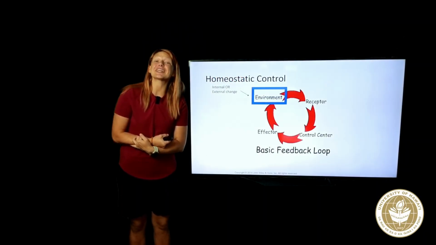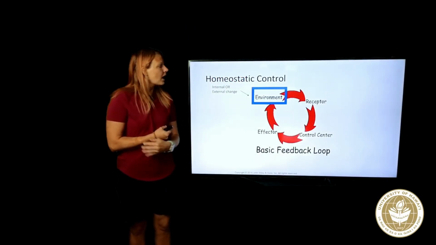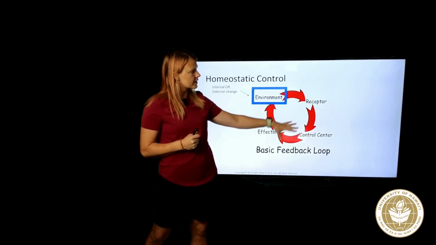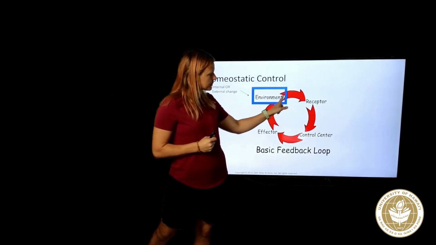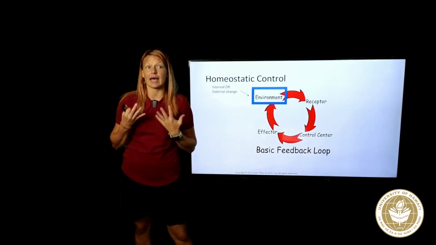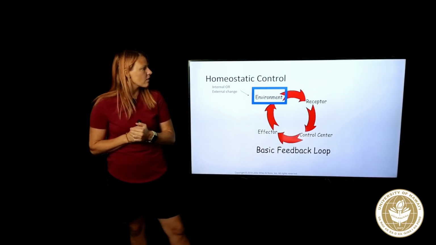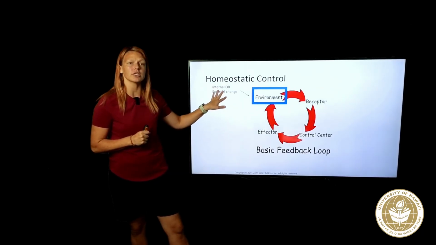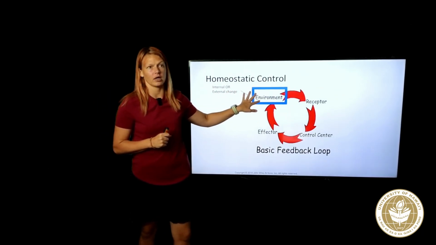So when we look at homeostatic control, oftentimes it's shown using these feedback loops. That's what these red arrows here are. This is a basic feedback loop. So you have an internal or an external change that is occurring in the environment.